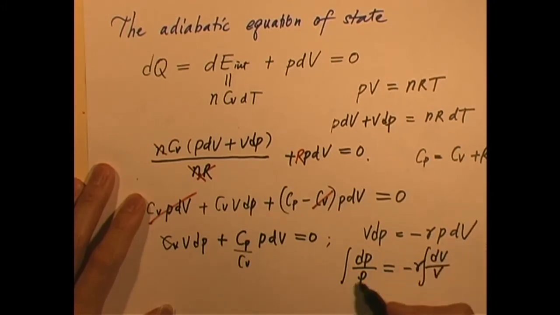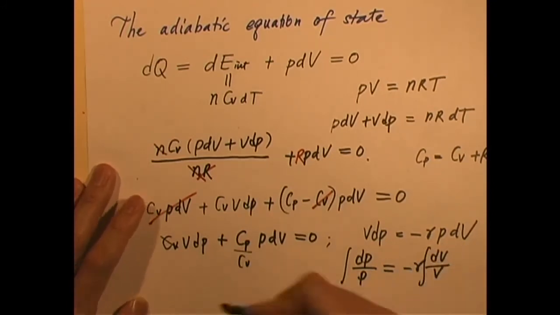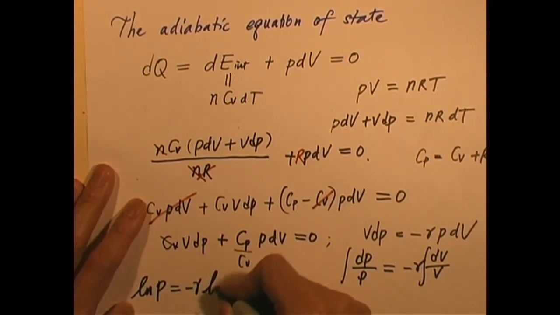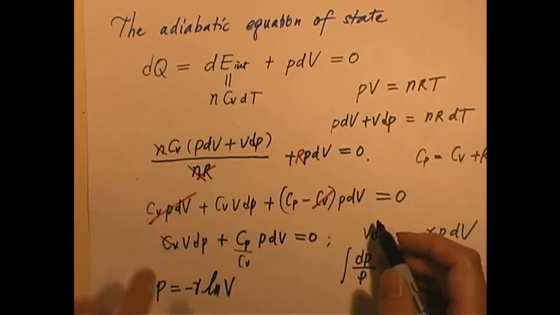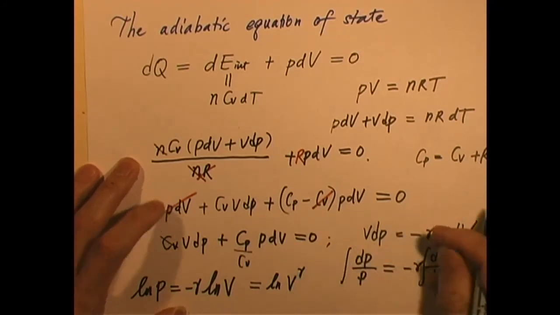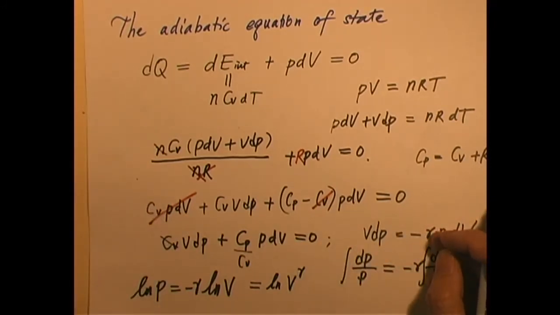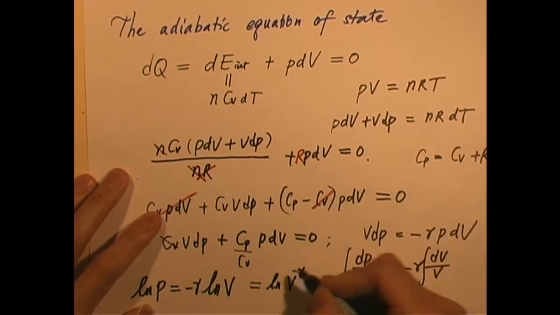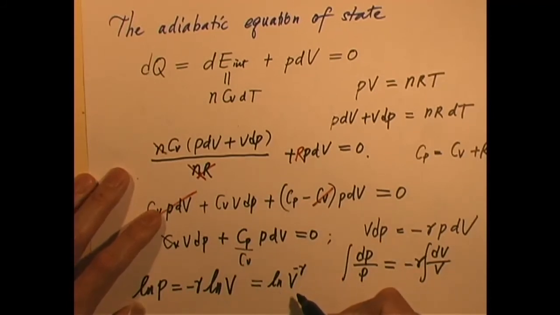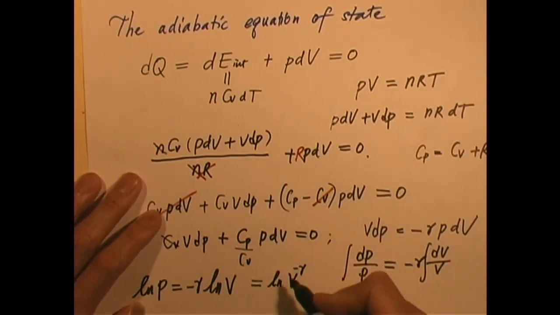Integrate. This is the natural log. Here is the natural log as well. So you have natural log of P equals negative gamma times natural log of V. Move that negative gamma inside, that equals log of V to the power negative gamma. Actually, let me move this term to that side.